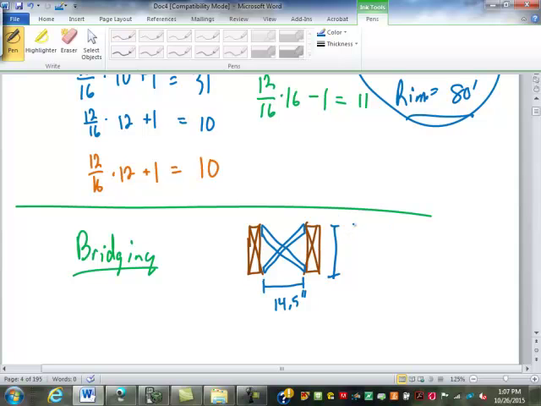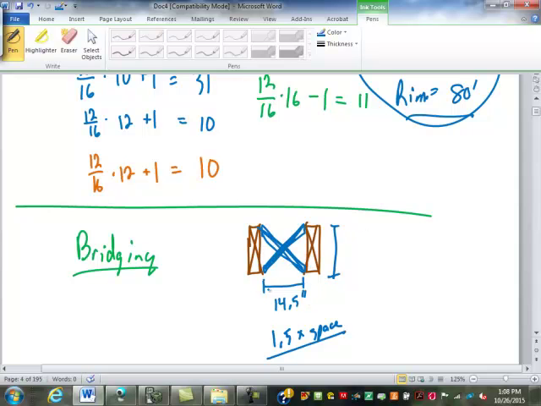Either way, even if this is thicker, it could be as deep as 16 inches, we assume the length of the bridging is 1.5 times the spacing. Okay, so since we're going to have a bridging this way and then one this way, it means it's 3 times, right?